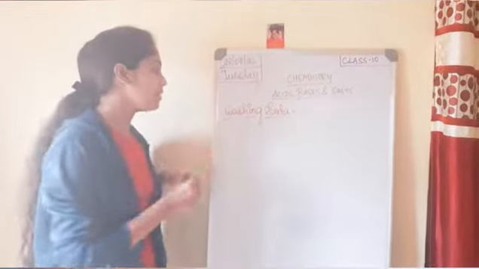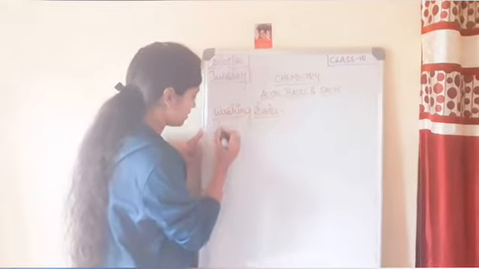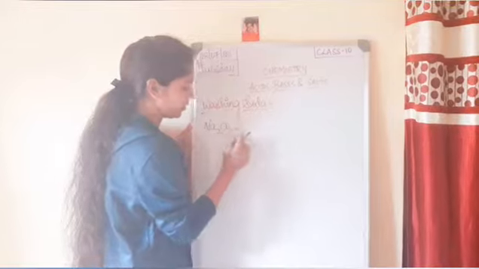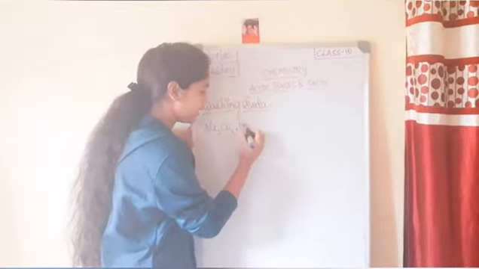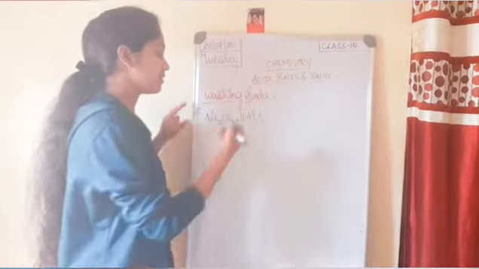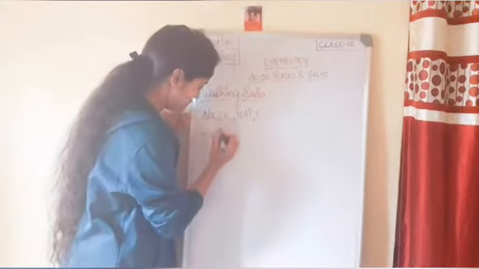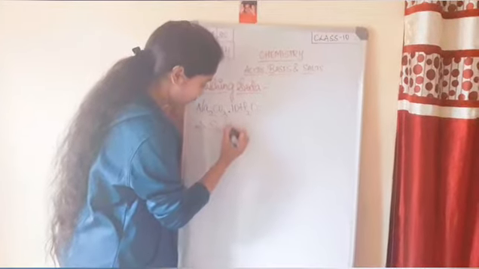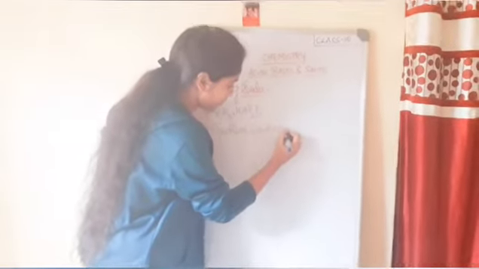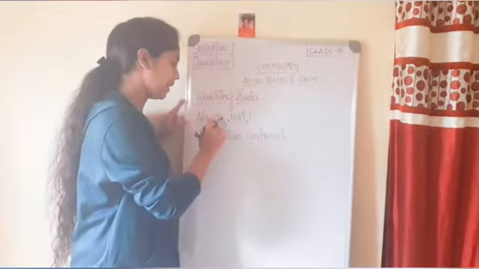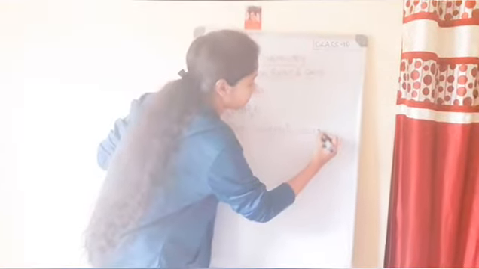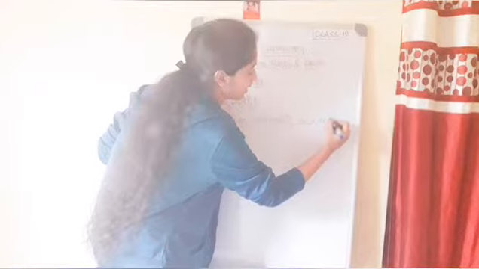So our next topic is washing soda. Now its chemical formula is Na2CO3 · 10H2O. This is read as sodium carbonate decahydrate.